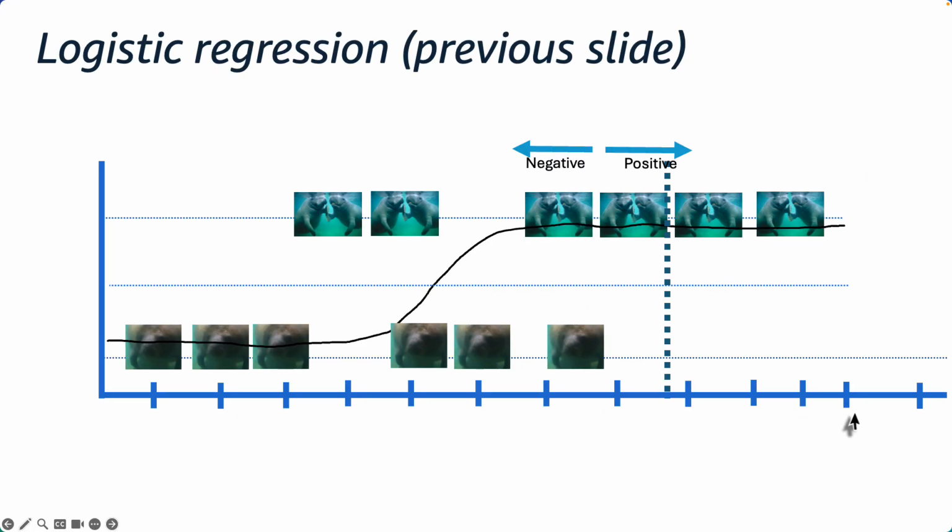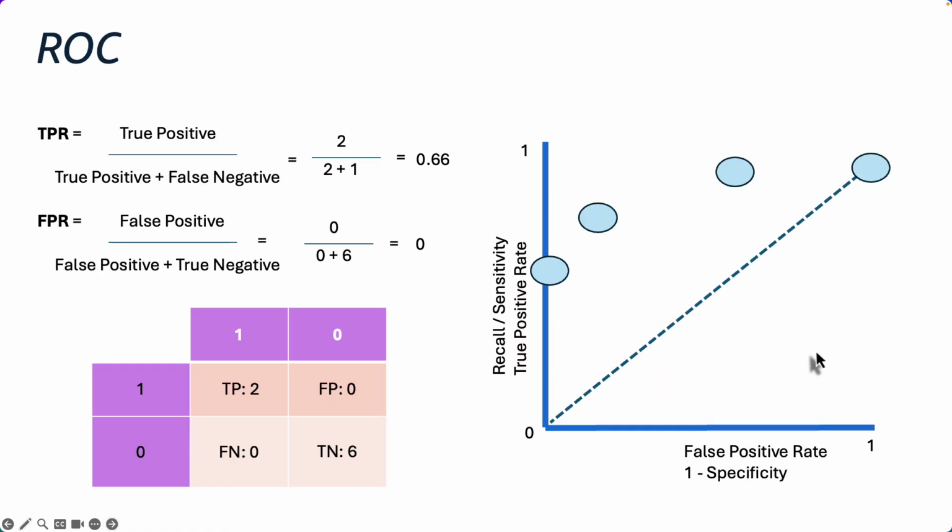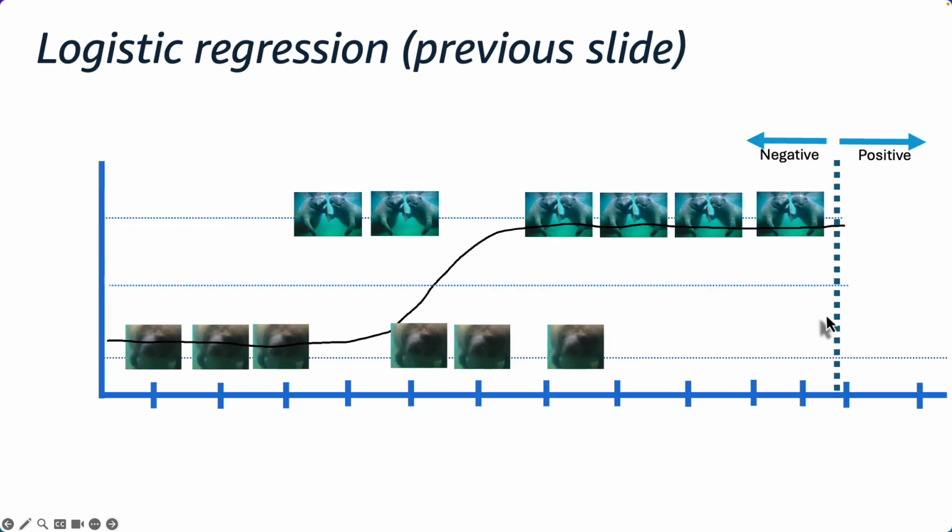So let's move our threshold line again. And now all of the negative values are classified correctly, but 4 positive values are classified incorrect. And now the false positive rate has dropped down to the y-axis. So let's move our threshold line one more time all the way to the right-hand side.